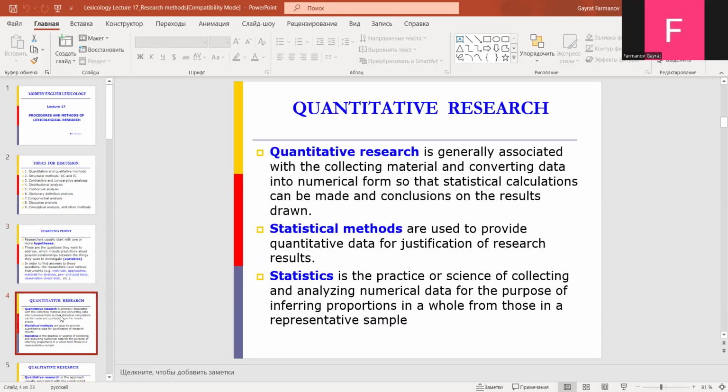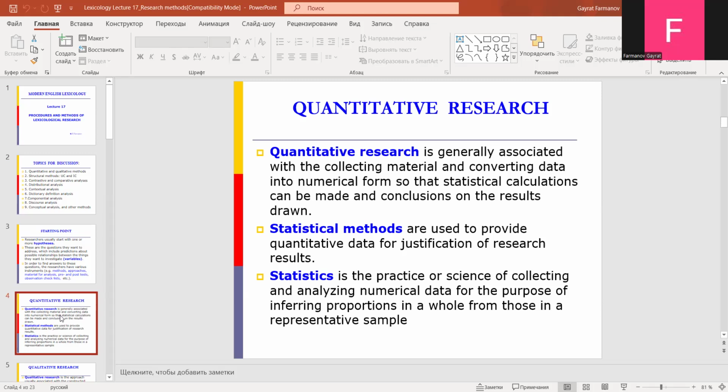Quantitative research. Quantitative research is generally associated with collecting material and converting data into numerical form so that statistical calculations can be made and conclusions of the results drawn.